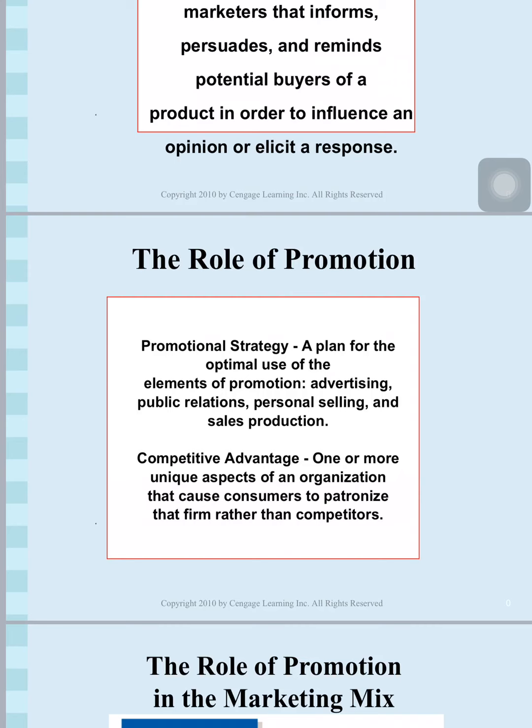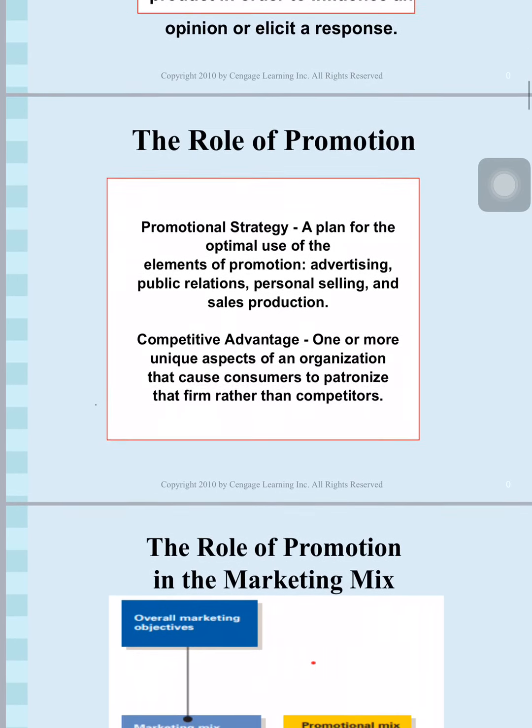In strategy promotion, in order to achieve the competitive advantage, you have to use all four elements: advertising, public relations, sales promotion, and personal selling, in order to achieve your target sales. So how you inform, how you persuade, how you want to remind your customers, your potential buyer, is through the four elements of the promotional mix.